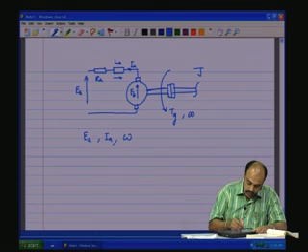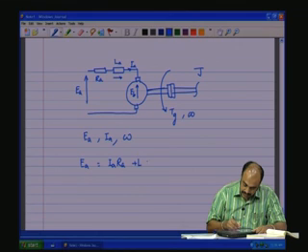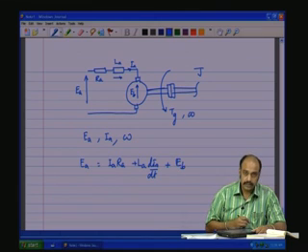If we take this loop, EA is equal to IA RA plus LA d IA by dt plus EB, is one equation.